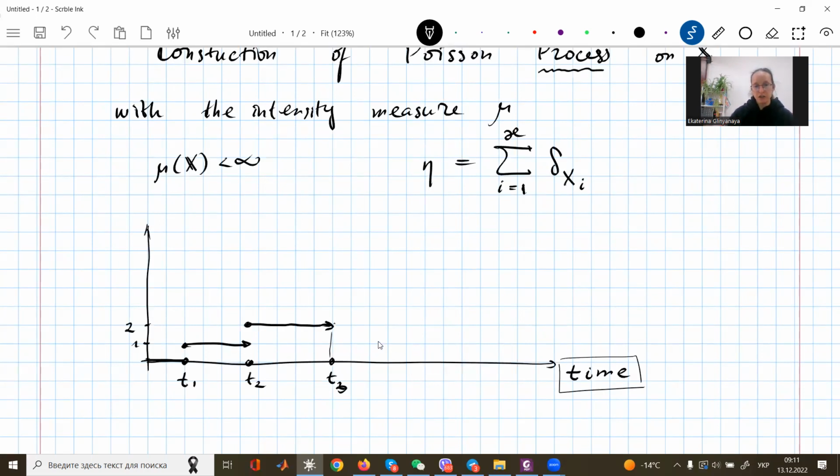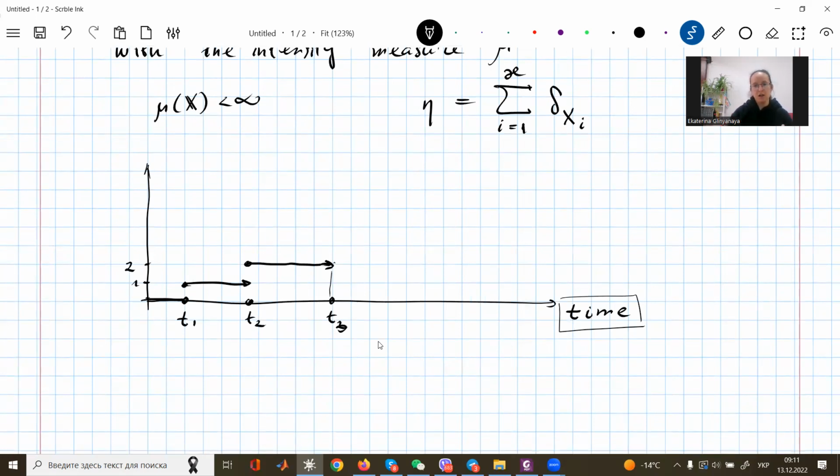So now the question is that we can characterize a Poisson point process not only by the distribution of these random points, but also if we know the distribution of these intervals, the lengths of the intervals between times, then it turns out that the distribution of the lengths of the intervals can uniquely determine the distribution of a point process for a Poisson point process.